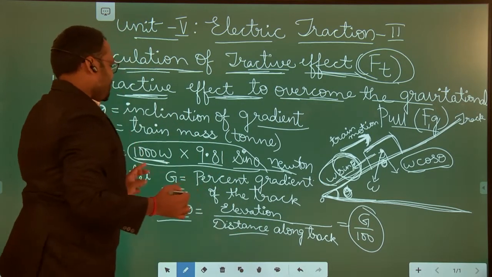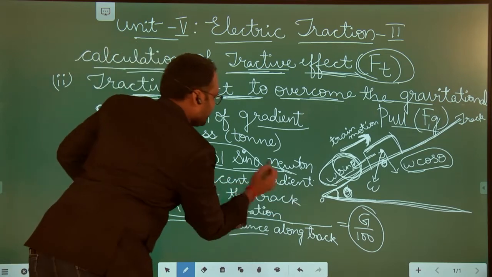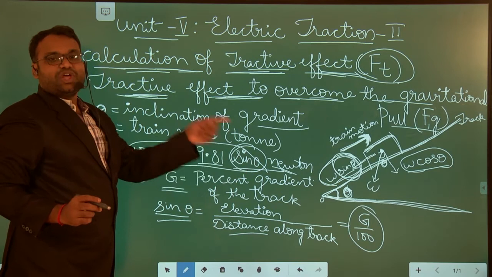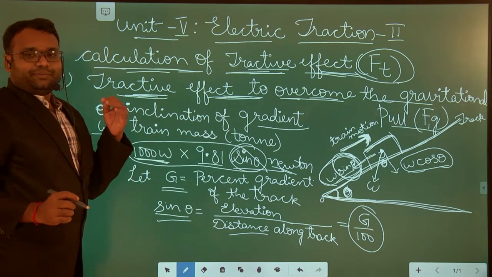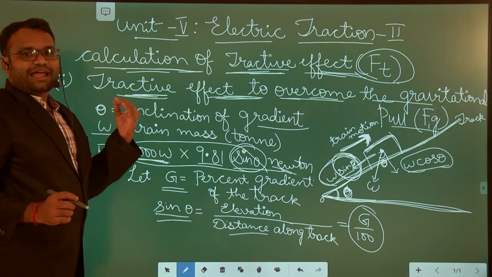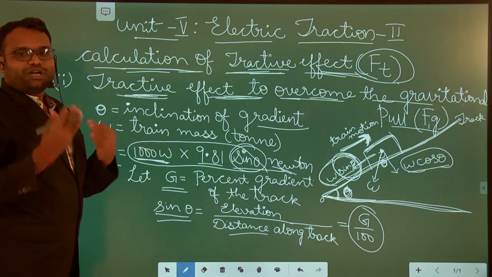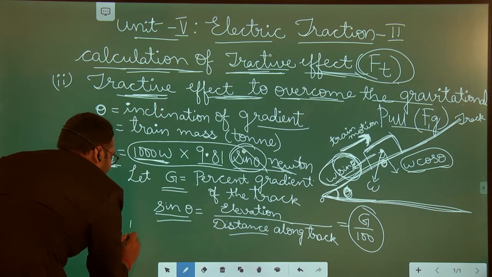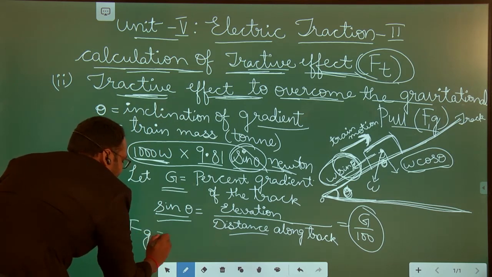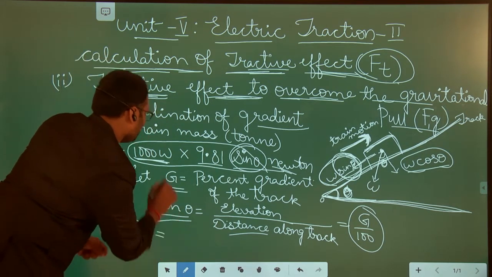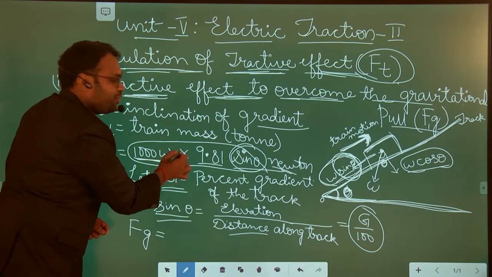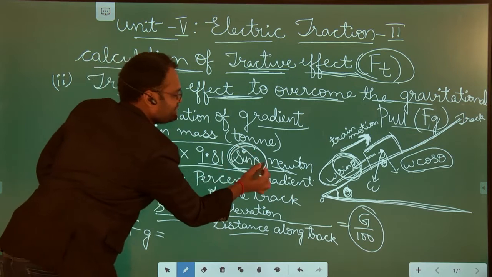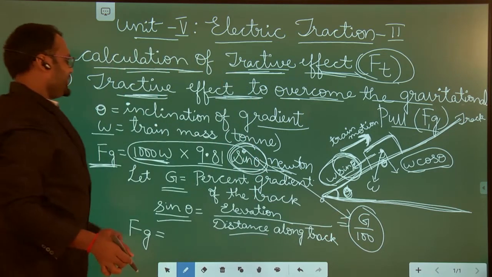Now when you substitute this sine theta value in the expression, the resultant tractive effort required to overcome the gravitational force, Fg, is 1000 into W multiplied by 9.81 into G by 100, in place of sine theta.